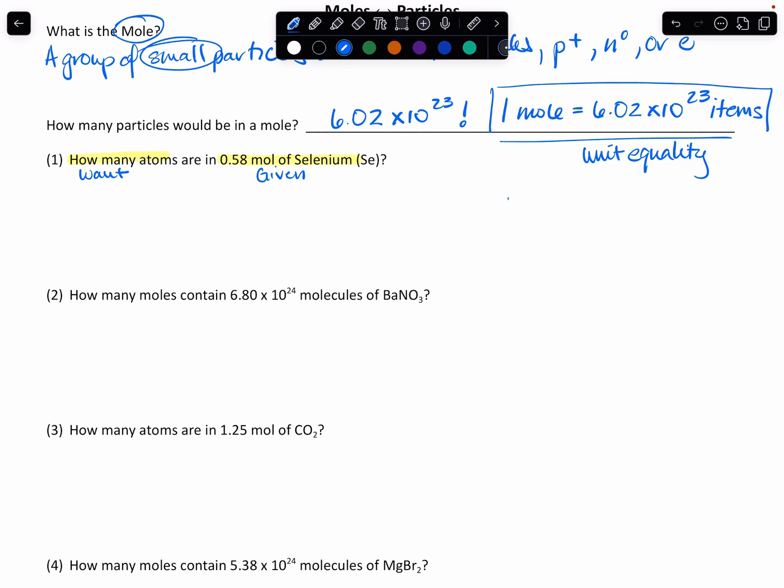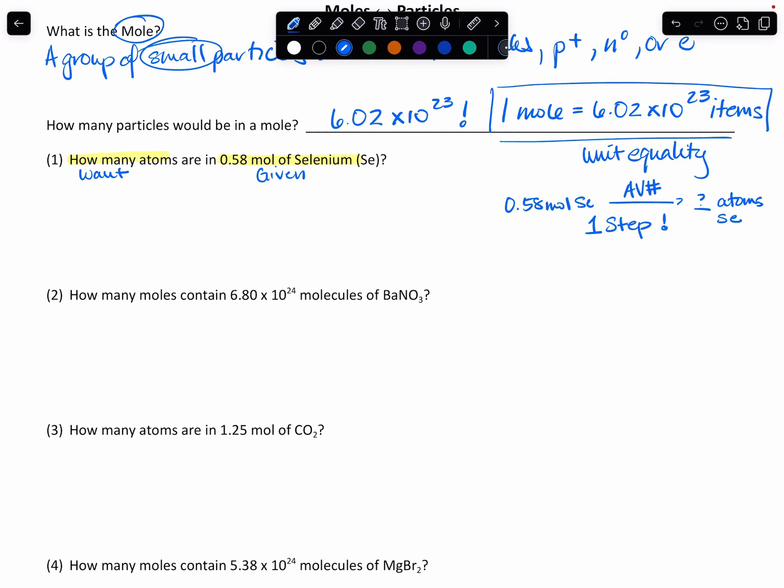I'd say, okay, I have 0.58 moles of selenium, and I'm asked to calculate the atoms of selenium. All right, so the substance is the same, selenium and selenium, and I can convert directly between the two if I use Avogadro's number, the 6.02 times 10 to the 23rd. All right, so this is going to be a one-step problem.